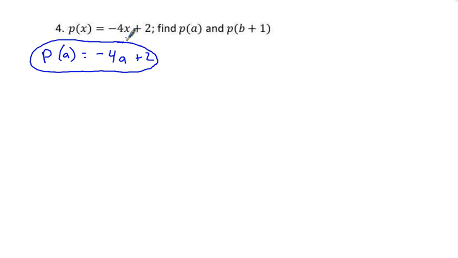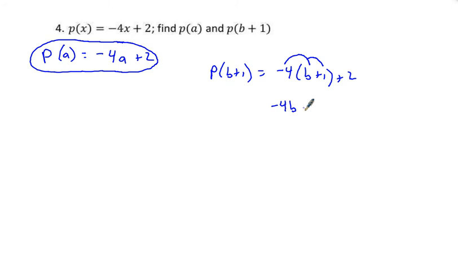For example, now p of b plus 1 equals negative 4 times b plus 1 plus 2. Now we have something more to do. We have to distribute the negative 4 to both terms inside this parenthesis.